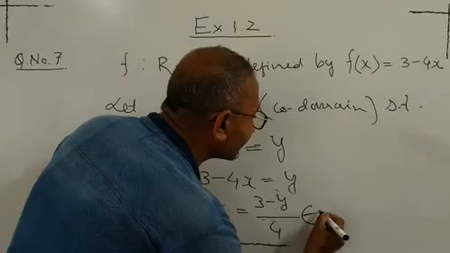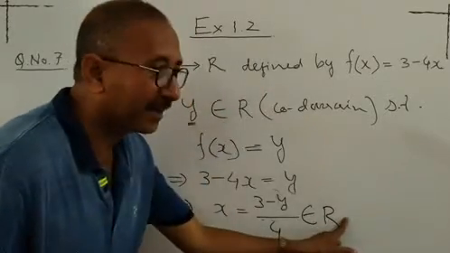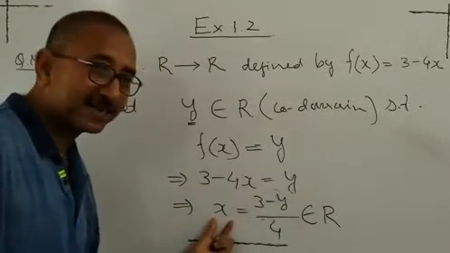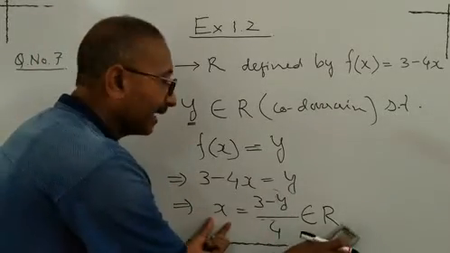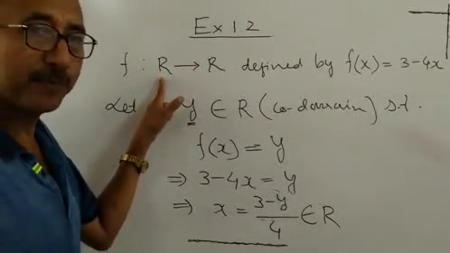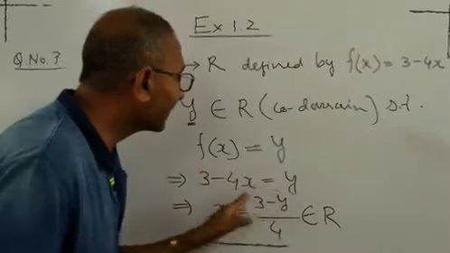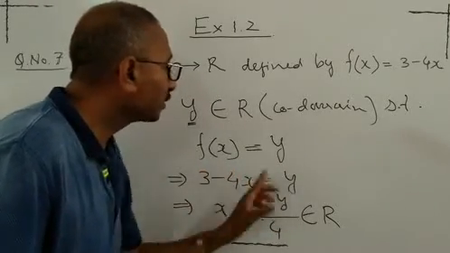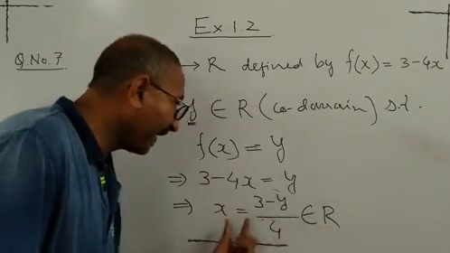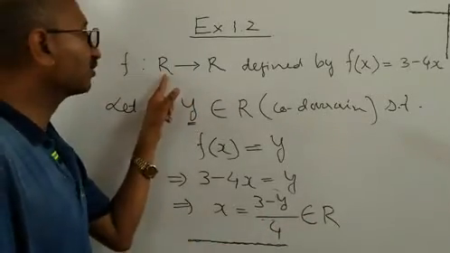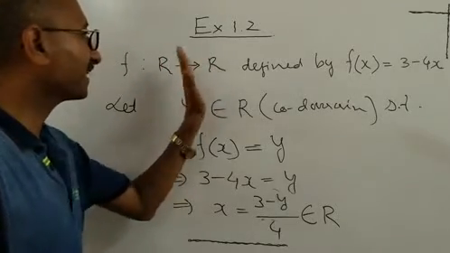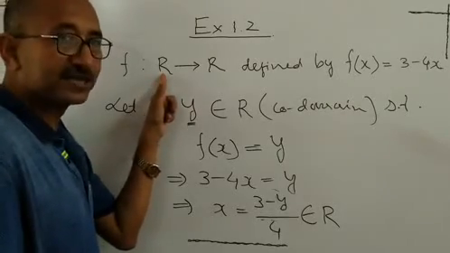This is real. If this is real, what about x? x is also real. And if x is a real number, then x must belong to the domain also. x belongs to this set also.